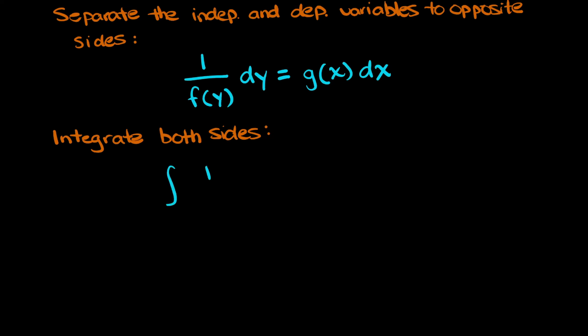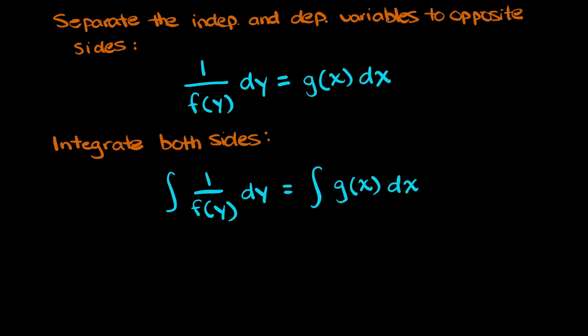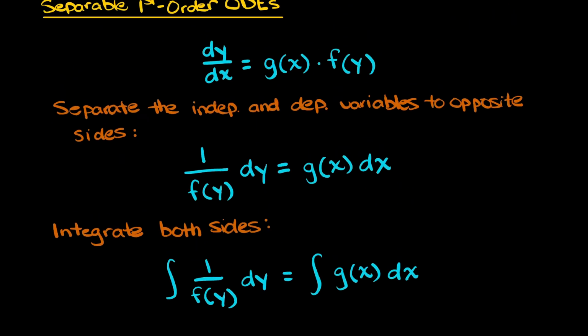We have the integral of that function of y, dy, and that would equal the integral of the function of x, g of x, dx. Now this is just a general way of writing this. Now in order to solve an equation specifically, there's two different approaches that can be used, and we'll see both of these approaches in an example.